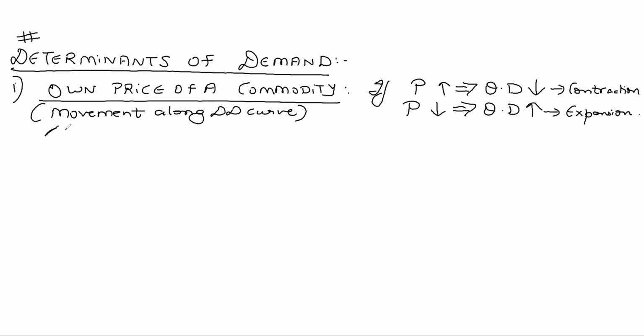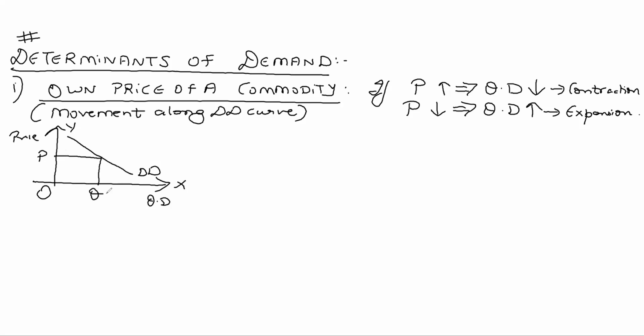Okay, if I draw a diagram quickly to explain, quantity demanded, price. Suppose I have a linear demand curve, initial price OP, initial quantity demanded OQ. A fall in price will cause an increase in quantity demanded. This is called expansion in demand.